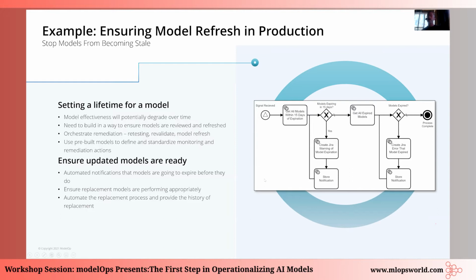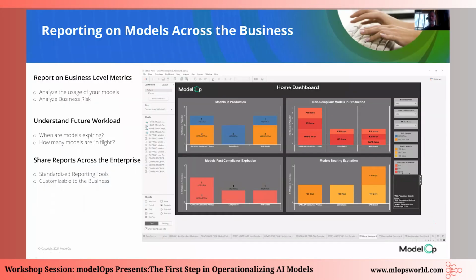And finally, it's not really a model lifecycle, but I think it's a really important part of the whole ModelOps solution, which is being able to look at models from a business level across all of your models. Often, as data scientists and such, we look at models at a very low level of performance numbers, et cetera, and we look at them on an individual or maybe a comparative basis.